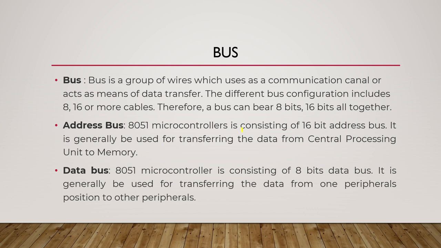The 8051 microcontroller consists of a 16-bit address bus. It is generally used for transferring the address from the central processing unit to memory. What is the use of the address bus?